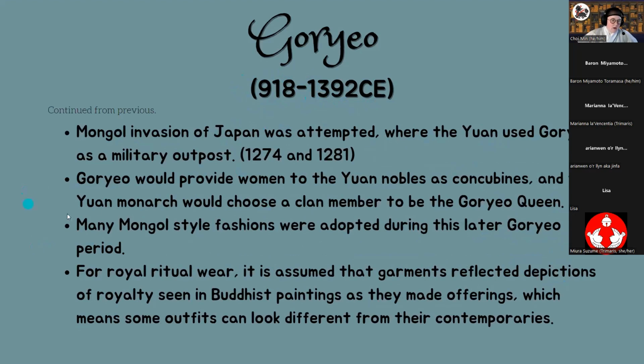And here, Yuan nobles, yep, as concubines. And at one point, there is a thing to note. Like I said, Korean women are going to the capital, I believe it's Beijing, as enslaved women essentially, but they're becoming wives of high power nobles.